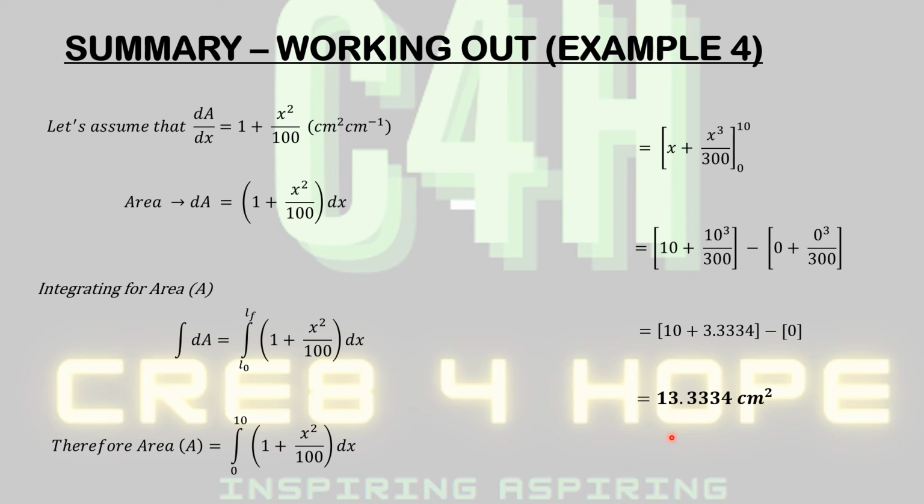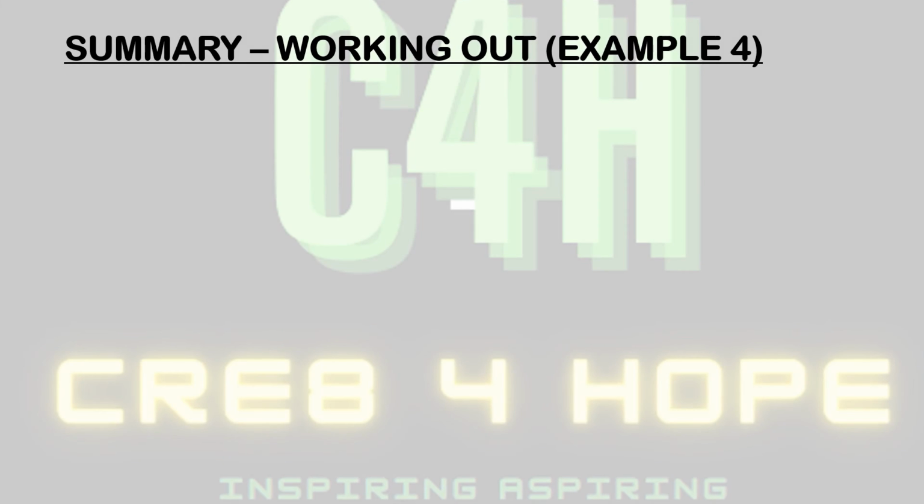So what I'm going to do is convert from centimeters squared to millimeters squared by multiplying this value by 10 to the power of 2. And that gives us 1333.333 millimeters squared. And there we go.